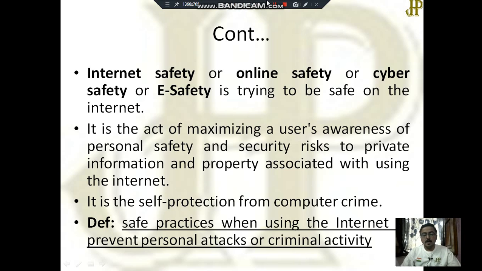Okay, when we are dealing with an e-commerce site, giving our information regarding debit card or credit card, we have to be very careful. So, the basic definition of cyber safety is safe practices when using the internet, to prevent personal attack or criminal activity.